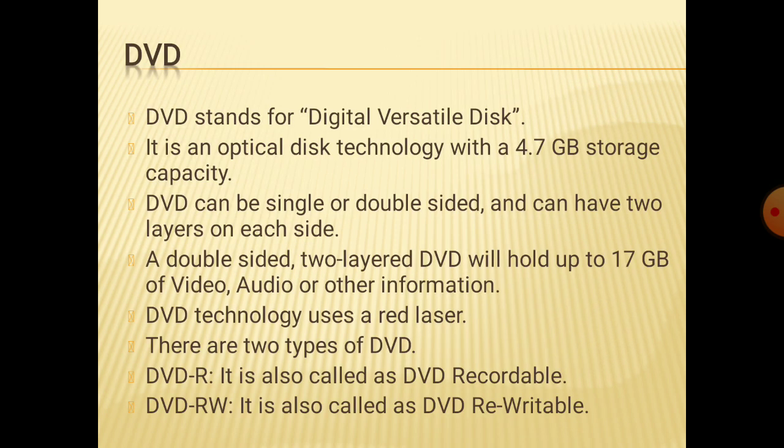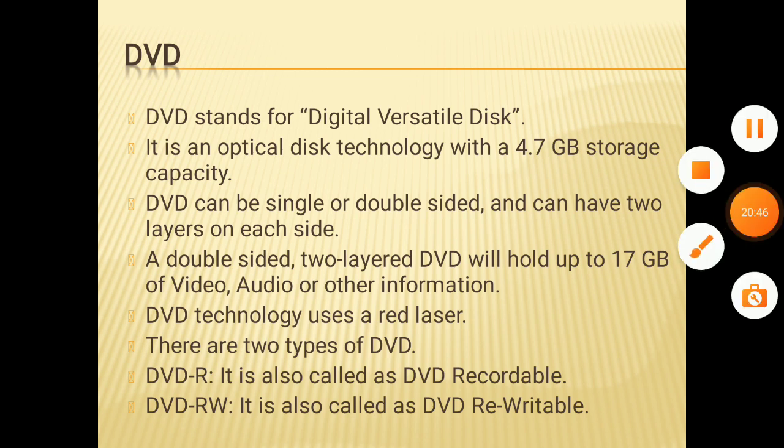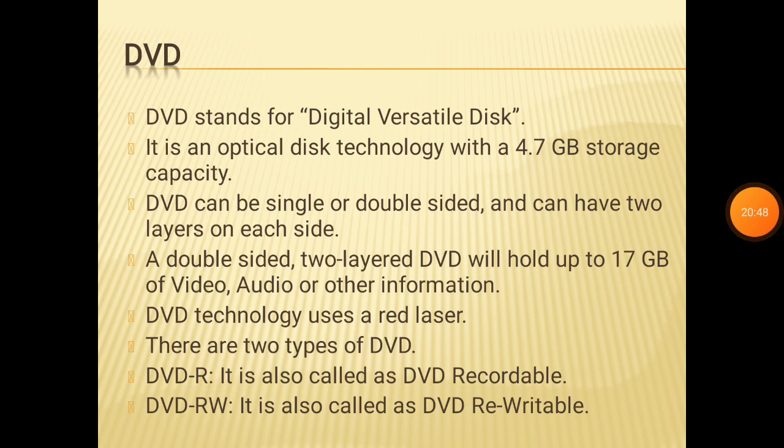Next we'll study the second one, DVD, where DVD stands for digital versatile disk, which was earlier called digital video disk. I have given you the reason. It is an optical disk technology with 4.7 GB storage. The capacity of DVD is more than your CD. In CD we can store up to 600 to 700 MB, whereas in DVD we can store in the range of GB, that is 4.7 GB.